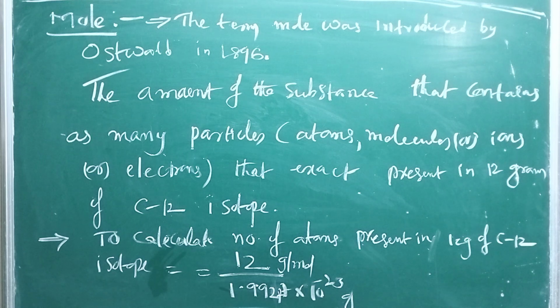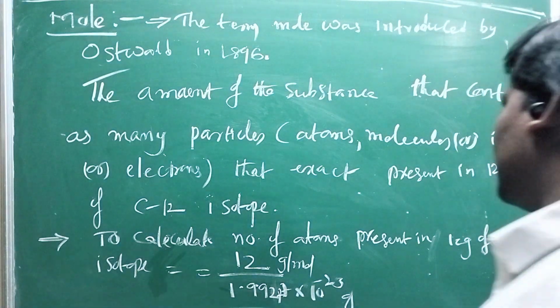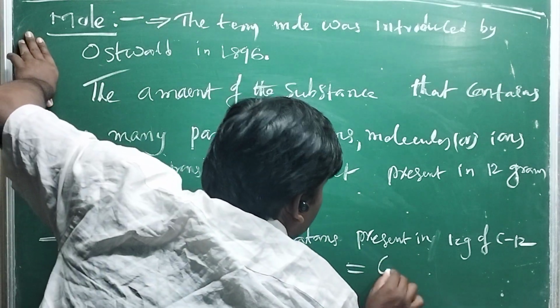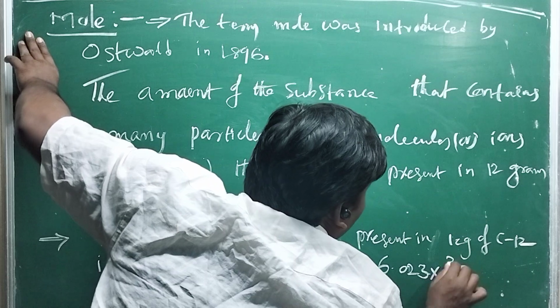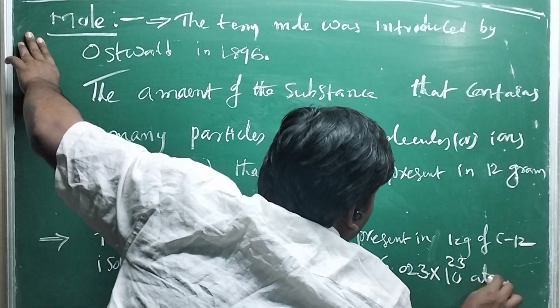This value is nearly 6.023 into 10 to the power 23 atoms.